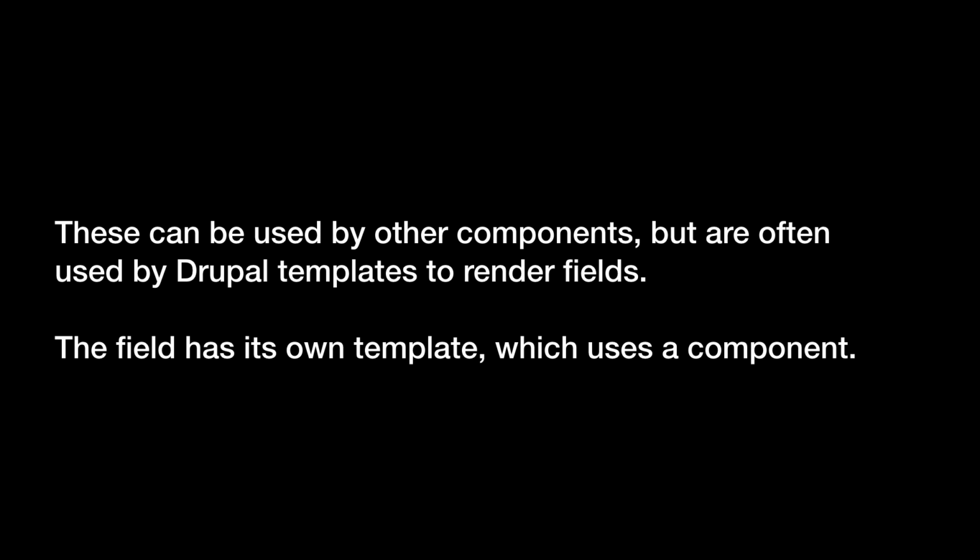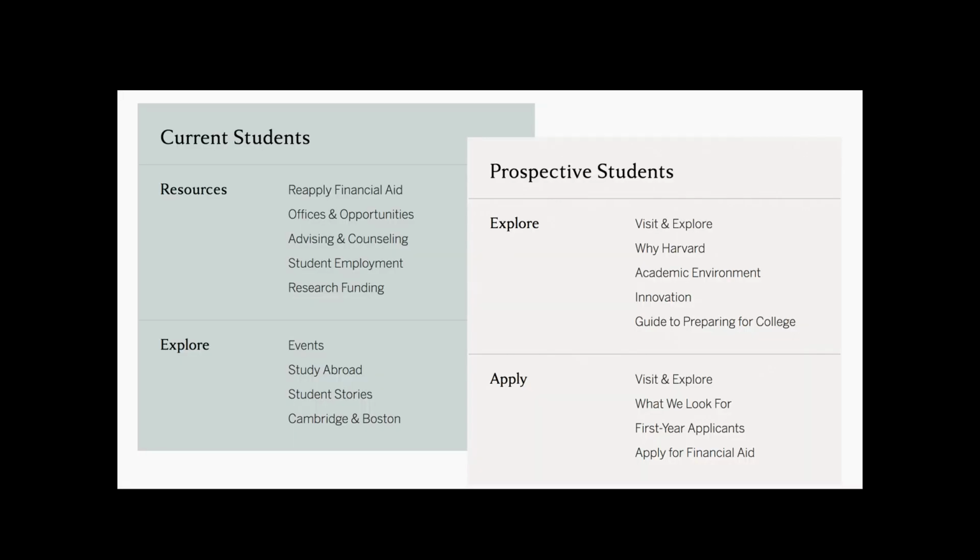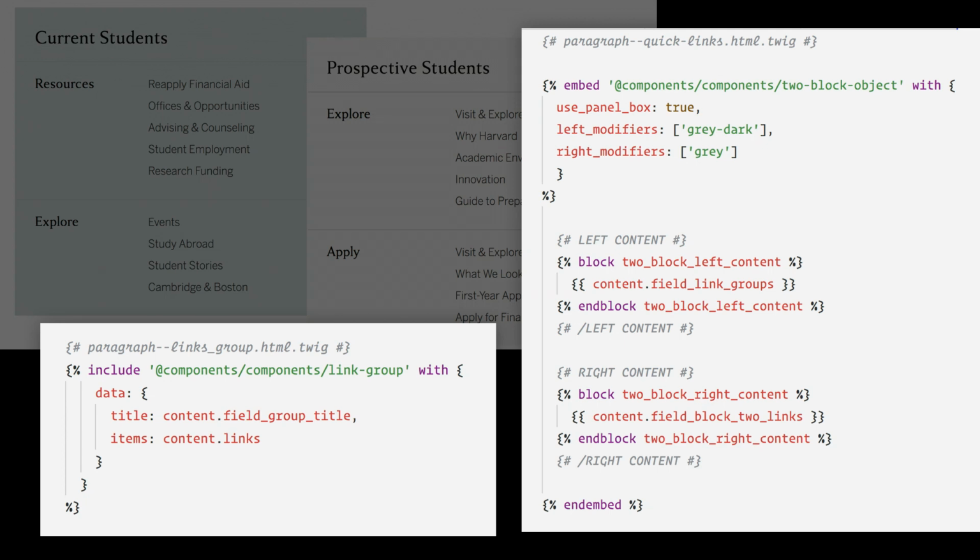But what we've often found is you have a Drupal template that will just spit fields into these, and those fields have a template associated with them to define the look of that content. So, for simplicity, we've got the same link treatment on each side, maybe with some different colors. We've got our quick links paragraph template.